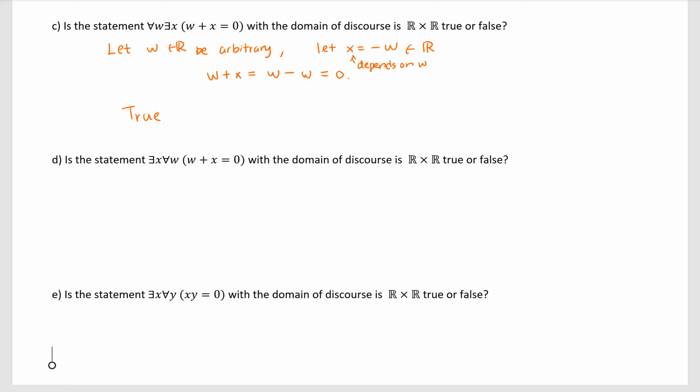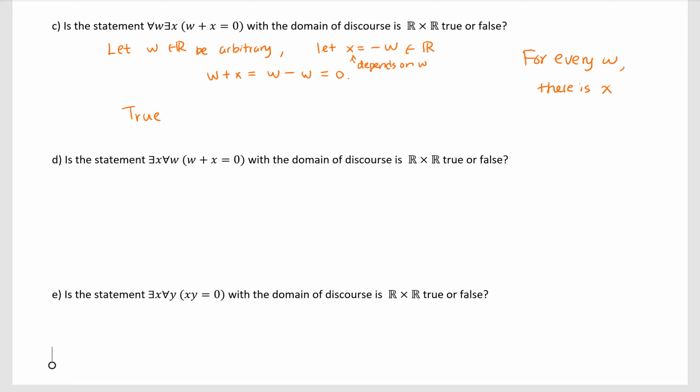There exists x for all w, w plus x is 0. Wow, can you see the difference between part C and part D? Part C means for every w, there is an x.